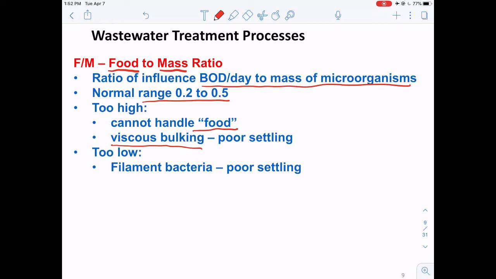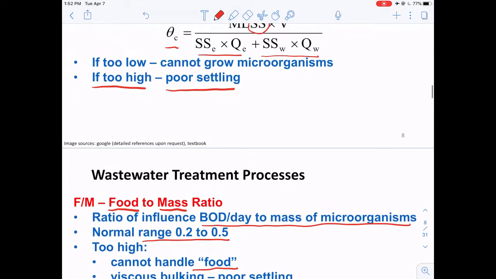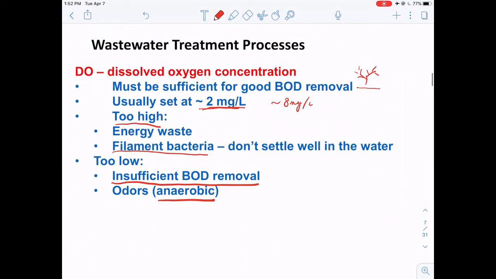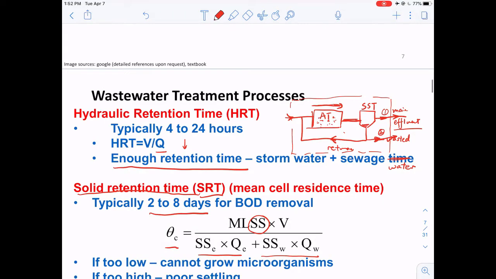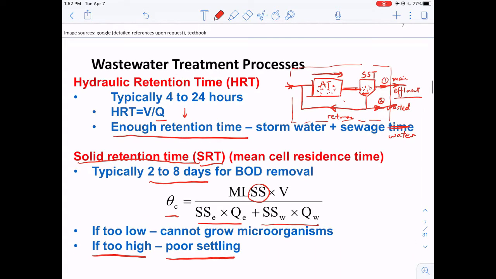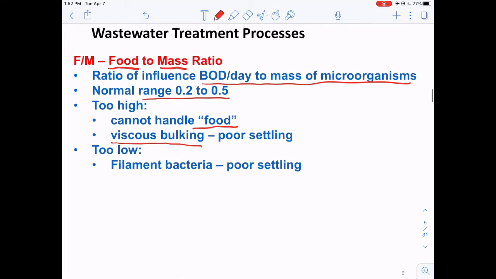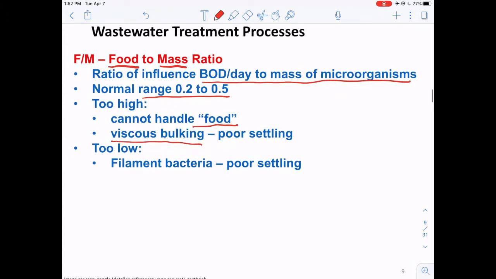After these bacteria grow so large, their density basically remains the same. That's going to cause difficulties in the settling of these bacteria, simply because their size becomes too large and it's difficult for them to settle down here.